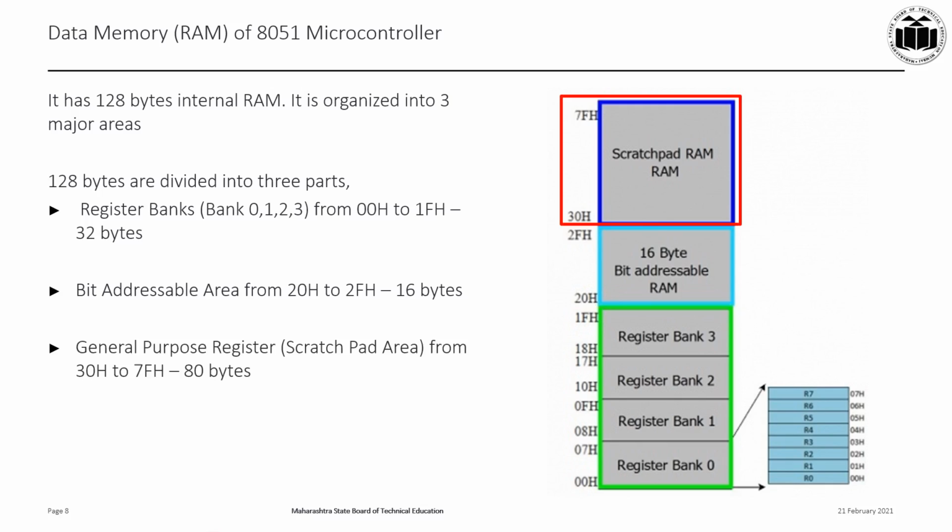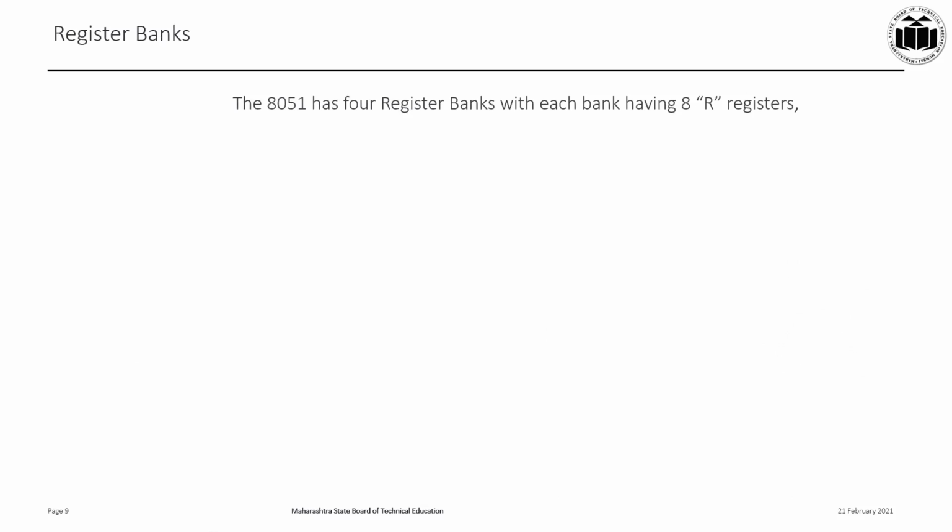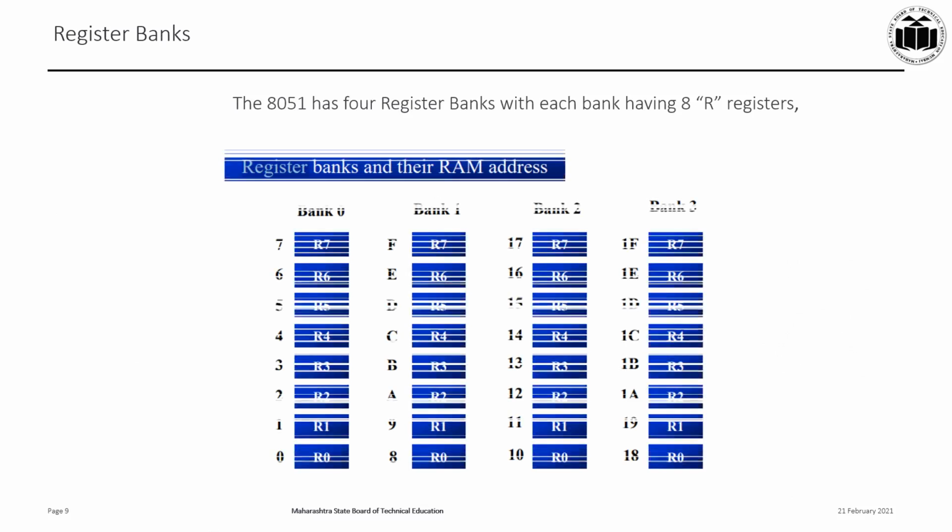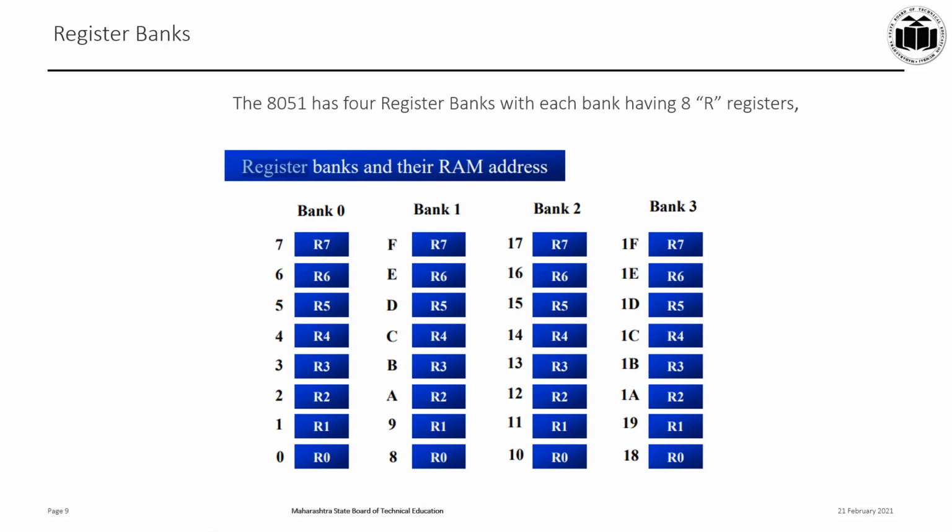The RAM area above the bit addressable area, from 30 hex to 7F hex, is called the general purpose RAM. This can also be seen in the highlighted part of the diagram. It is addressable as bytes. Register banks: here you can see the register banks and their RAM addresses in detail.